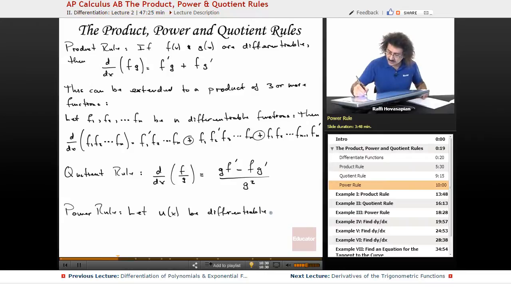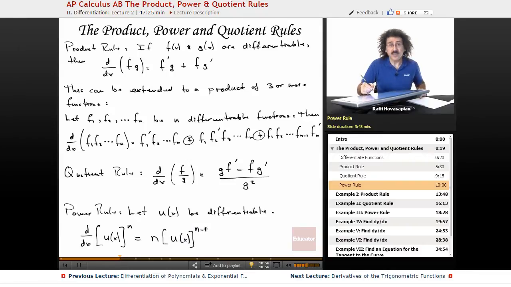Okay, let u of x be differentiable. The derivative of u of x raised to some power n, any real number, is handled the same way as a function of x. It's n times the function to the exponent n minus 1, and then I'm going to multiply by du dx.